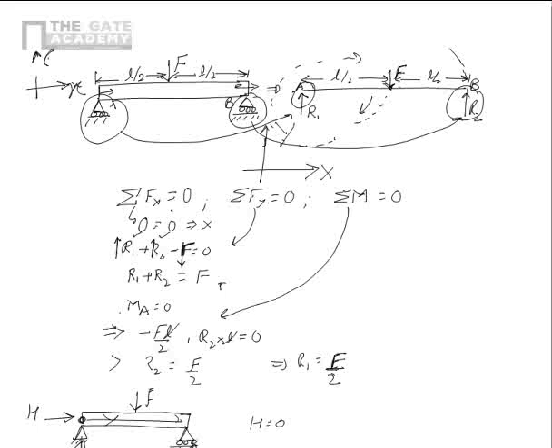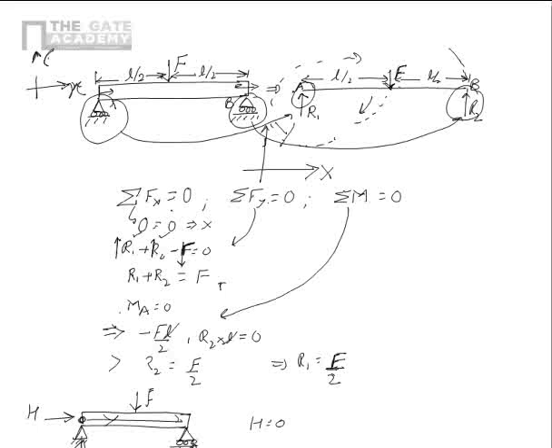So one of H1 and H2 will be an unknown, unsolvable entity here. We have to find all the reactions in terms of either H1 or H2 and assume H1 to be something. Now this makes the problem statically indeterminate, which means that we cannot solve for the values of all the variables using these three equations.